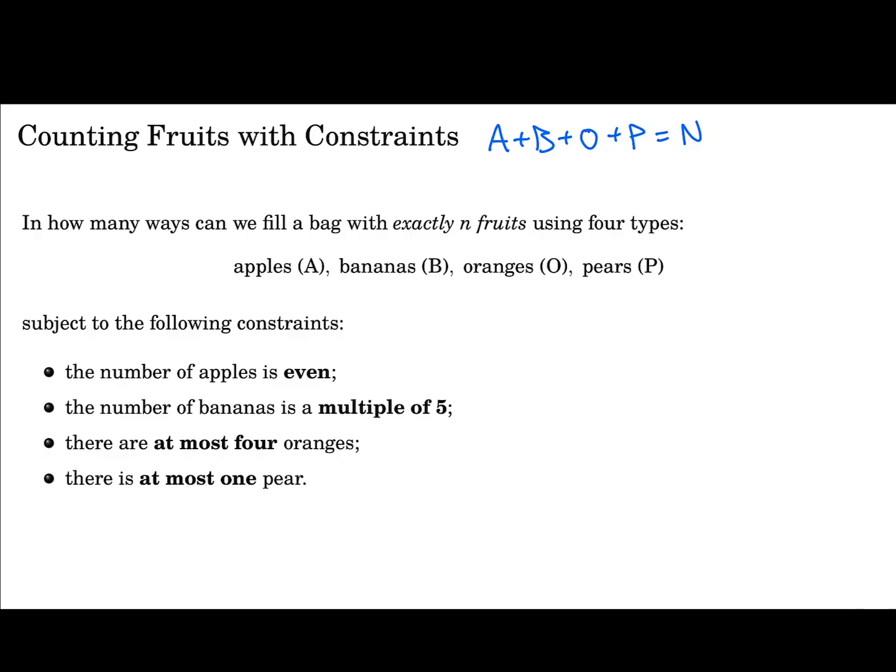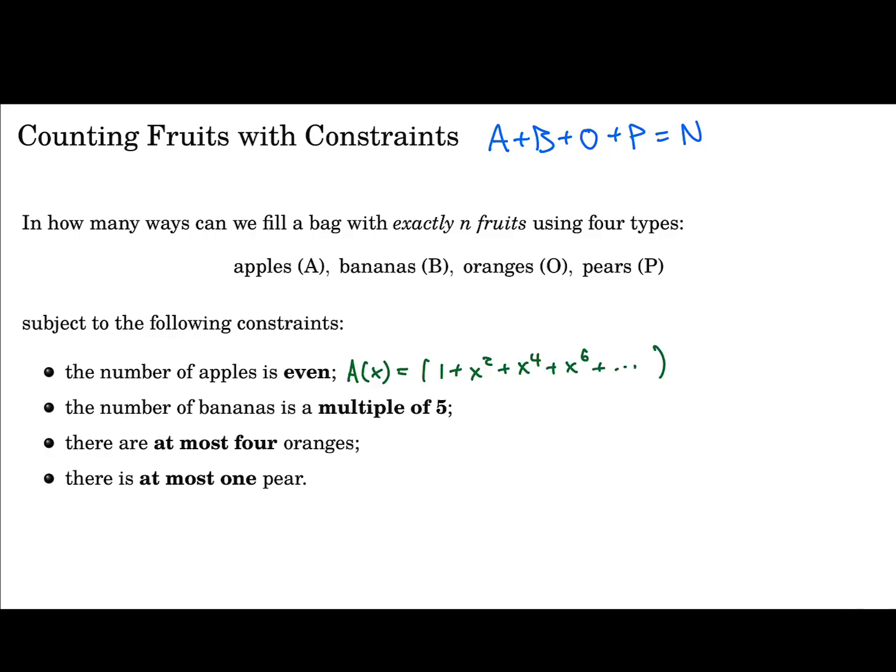So let's take, for example, the apples. We're going to have a generating function for this. So the number of apples is even. So what we mean by that is we are allowed to choose an even number of apples. So the apple factor is going to be this polynomial here, 1 plus x squared plus x^4 plus x^6, and so on.